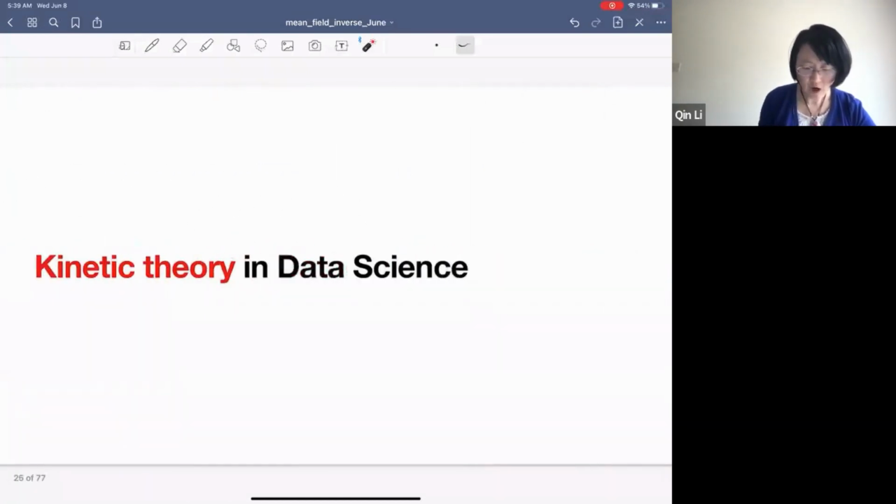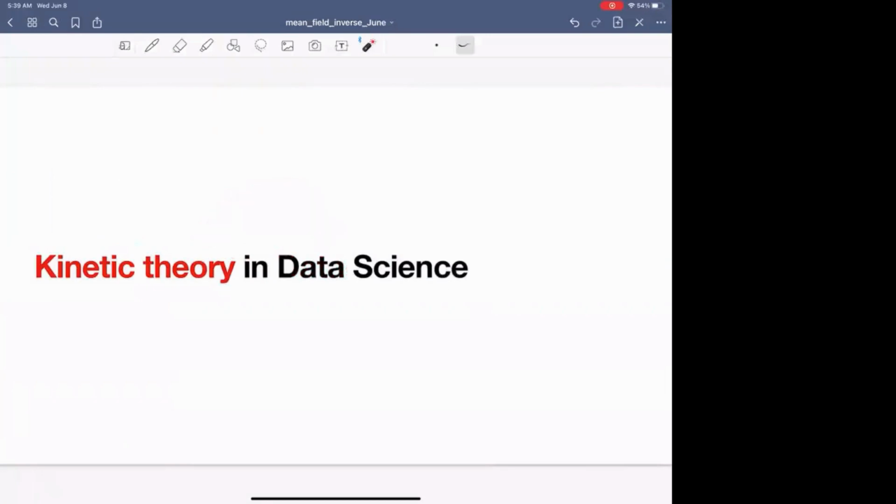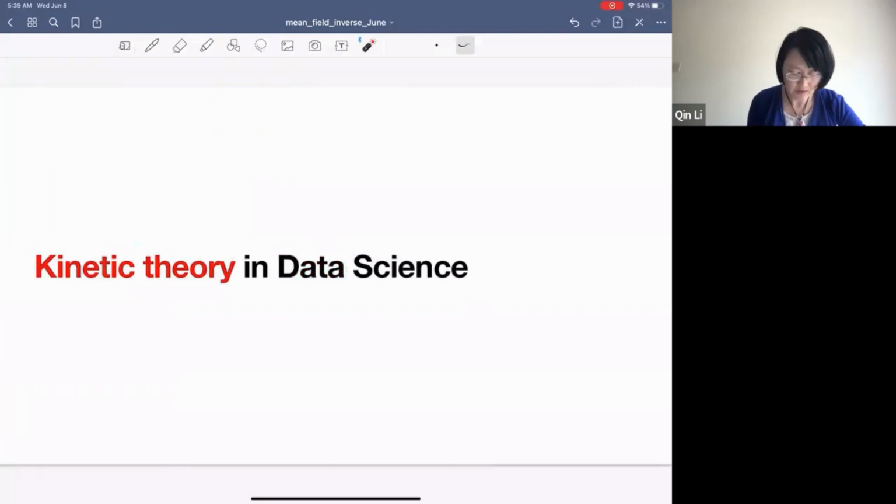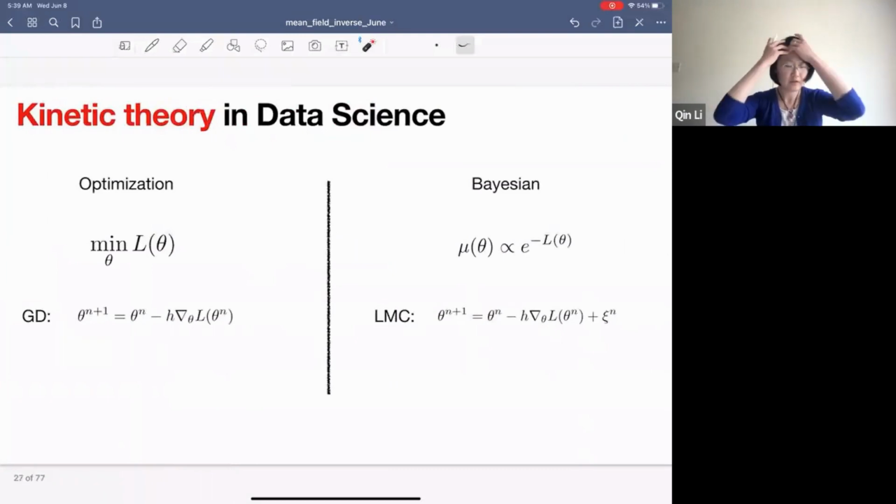Okay, I would also like to discuss how kinetic theory feeds data science. So how do you use kinetic theory to explain some techniques from data science? On the surface, you wouldn't imagine that kinetic theory, as a subcategory of PDE, can be really helpful in understanding data science.